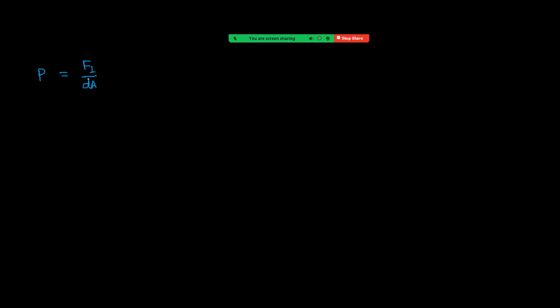We are taking a small area because we are defining pressure at a point. That means we are imagining a small area dA, and we are taking a normal force, meaning the component of force normal to the area.